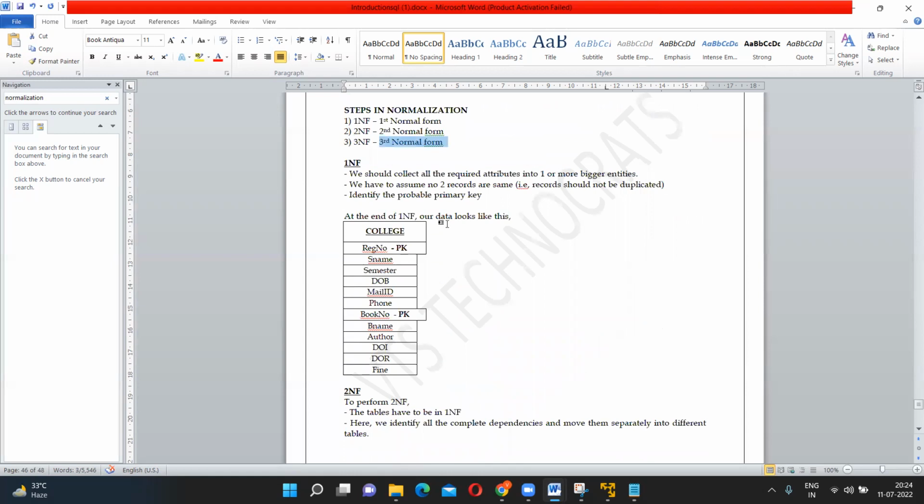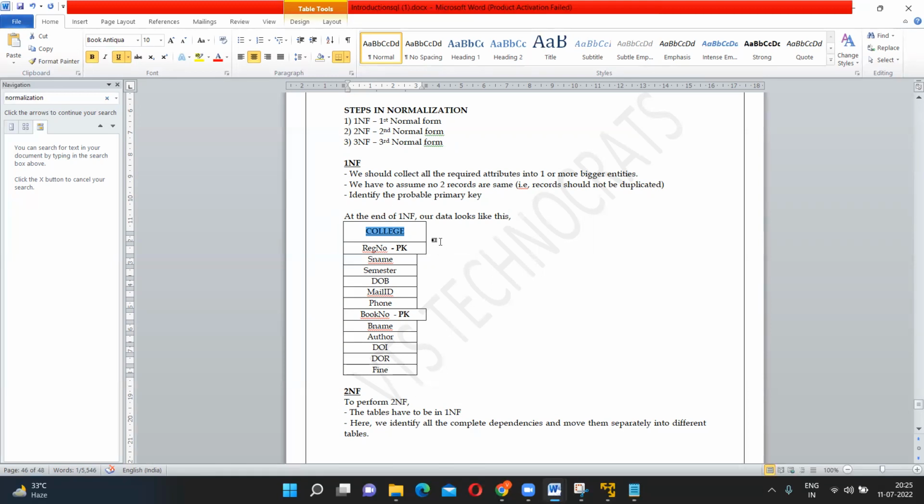So first normal form, what happens? We should collect all the required attributes into one bigger entity. That means all the attributes will be kept in a big table. Suppose this is a big table, college, then we have registration number, student name, semester, date of birth, mail ID, phone number, book name, author, date of inquiry, date of registry, and fine.